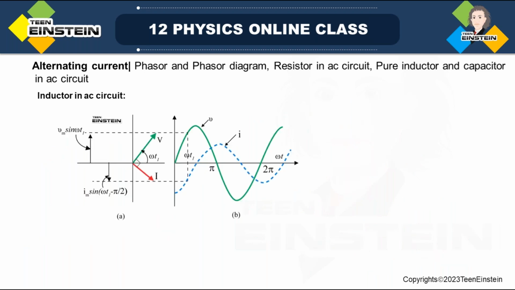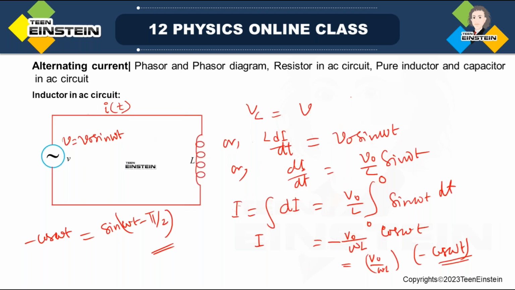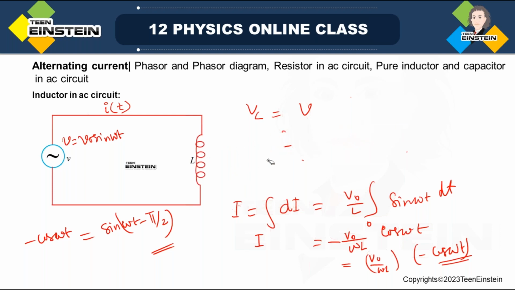I'll just rewrite this portion. You might be thinking, where is the integration constant? The integration constant C1 does not vary sinusoidally, and when we take its average, we get 0 out of it.